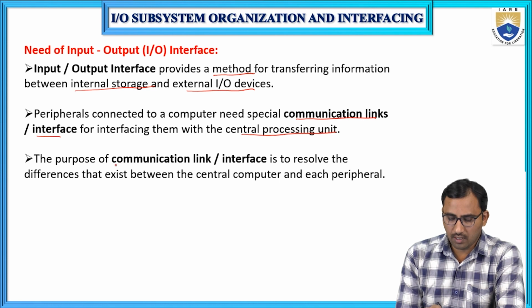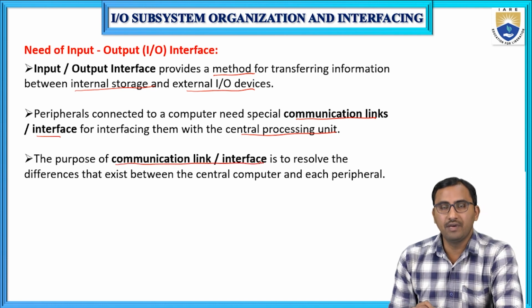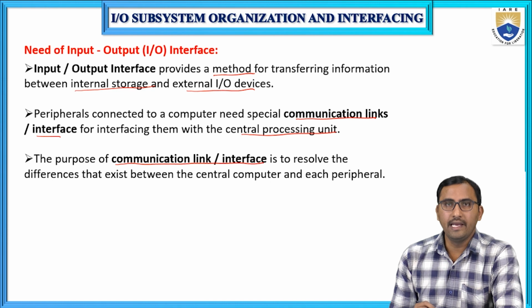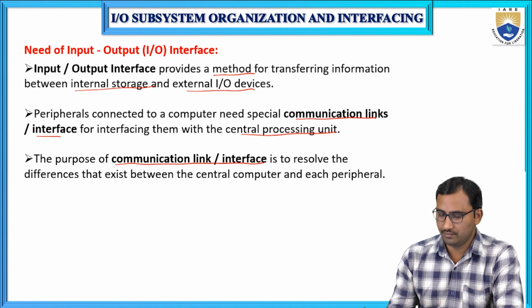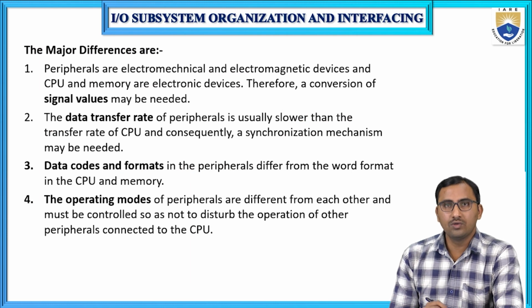The purpose of the communication link or interface is to resolve the differences between the CPU and the IO devices. So this is the need of the IO interface circuit. Already we have seen the necessity of using the IO interface circuit. Now we will see the differences between the CPU and the IO devices.